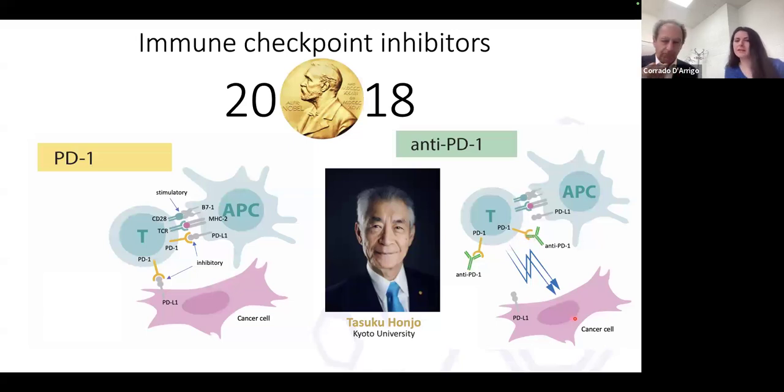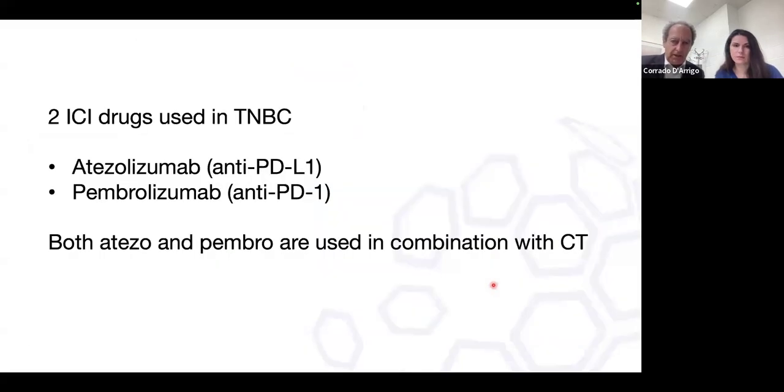Fantastic. And then, of course, originally there was an anti-PD-1 antibody, but now pharma has developed also anti-PD-L1. So you just bind to the ligand rather than to the receptor, same effect. Cool. So in triple-negative breast cancer, really there are two immune checkpoint inhibitor drugs around.